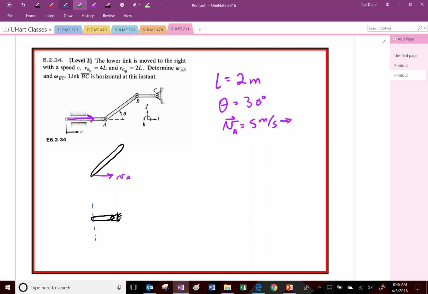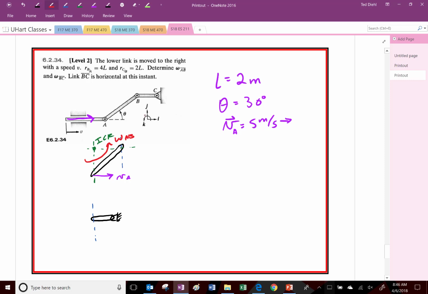So I can transfer him over to here, and now I know that if I draw the perpendiculars to both of those velocities, I can find my ICR. And if I know my ICR is there, I know it has to rotate omega AB in that direction.